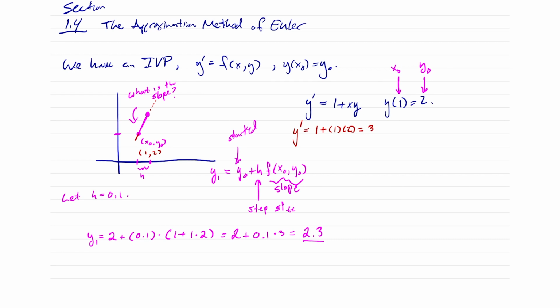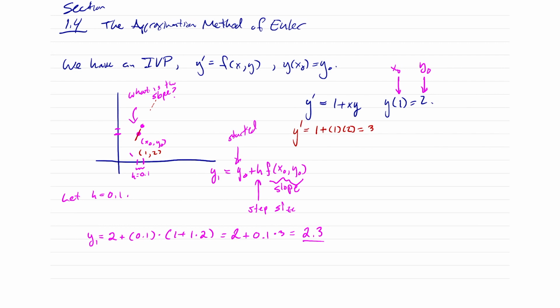So instead of being at 2, it looks like my figure was a little bit too dramatic, and so we went from 2 to 2.3, which was roughly there. And this is a step size of h, and h in this case was just 0.1.